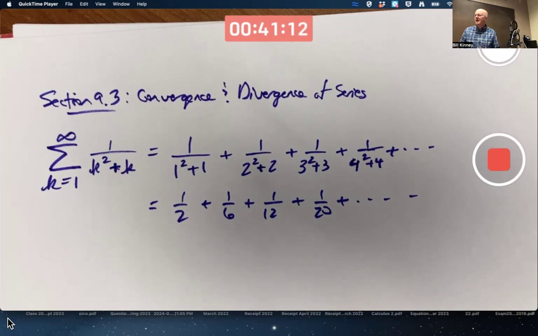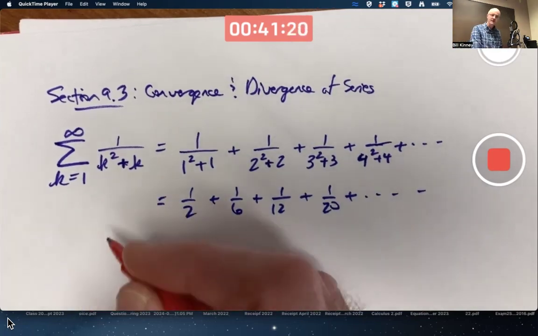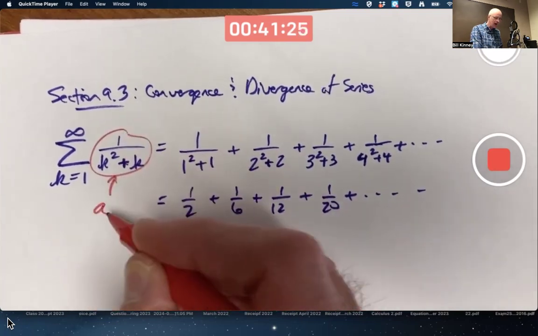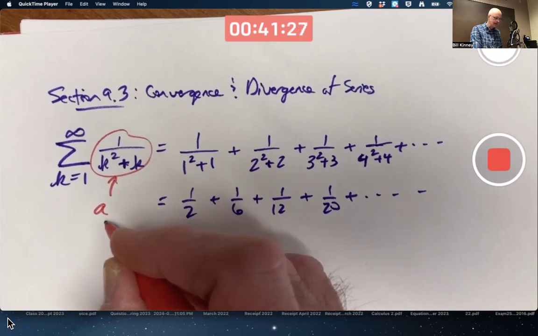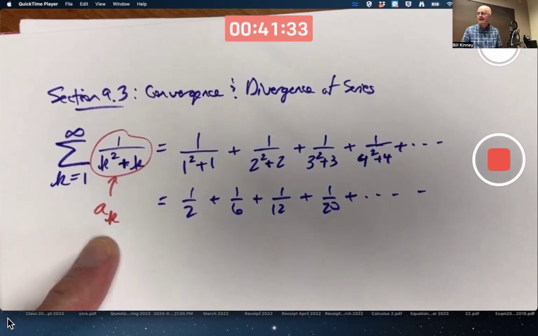But what do I mean? What limit? We have to consider the corresponding sequence of partial sums. The things that we are adding here are called the terms of the series, typically denoted by the letter A, and the kth term here, A sub k.